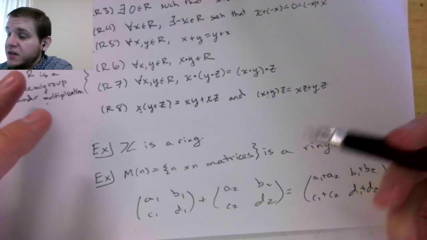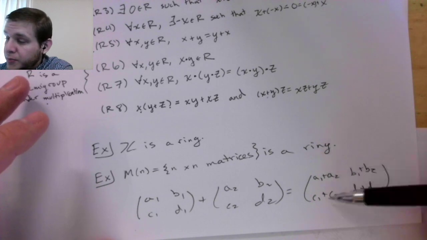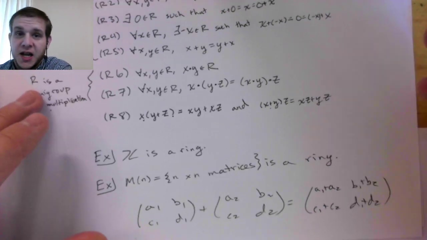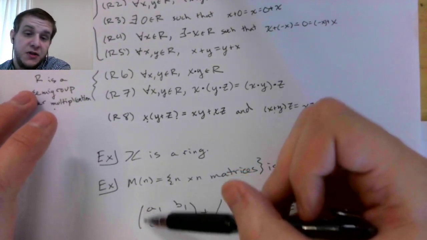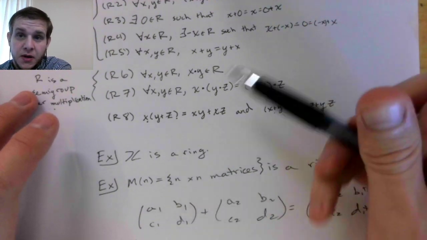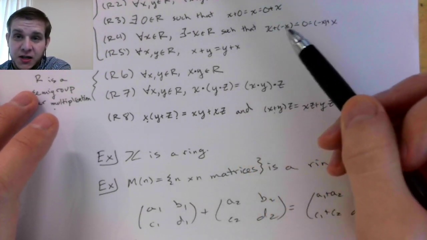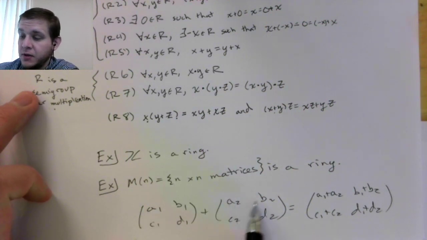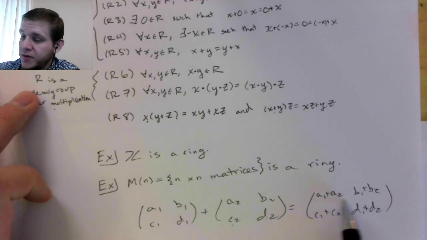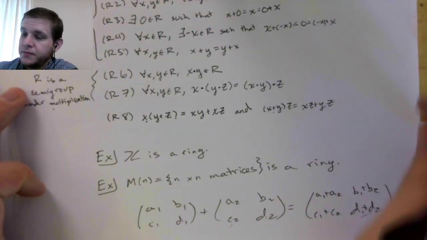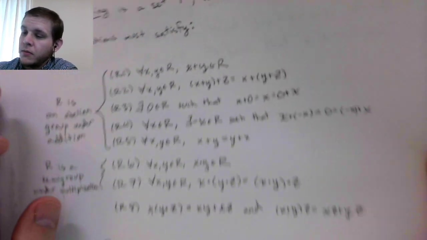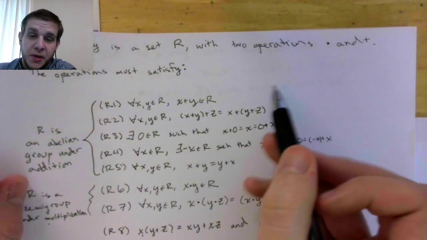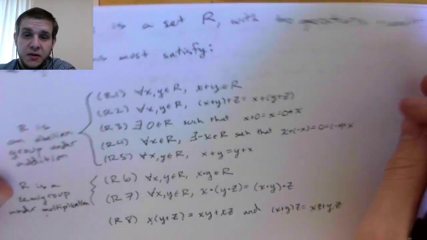So this is a group under addition, right? It has a zero element, which is just the zero matrix. Every matrix has an additive opposite, which is just I take its entries and put minus signs in front of all of them so that everything adds up to zero. When I add two square matrices, I still get a square matrix.